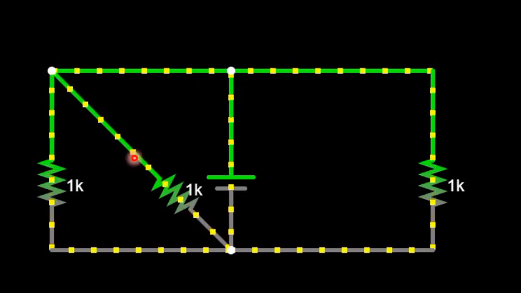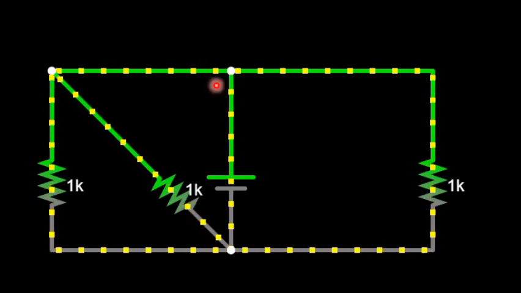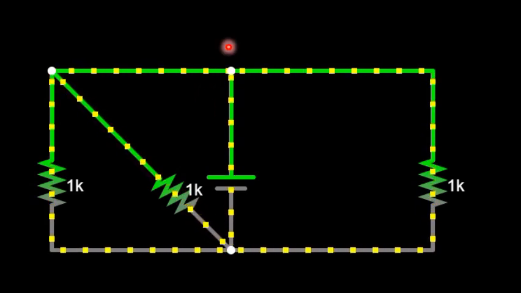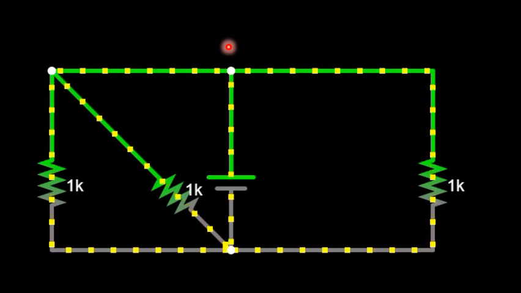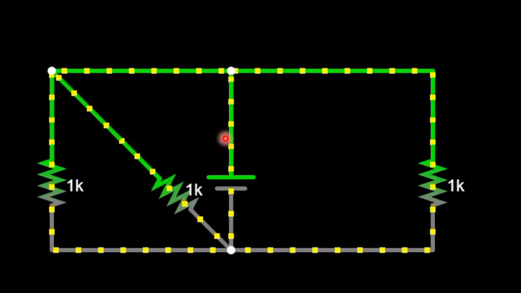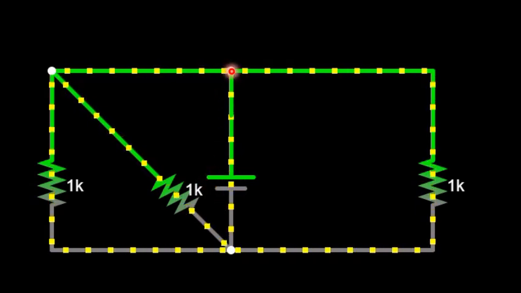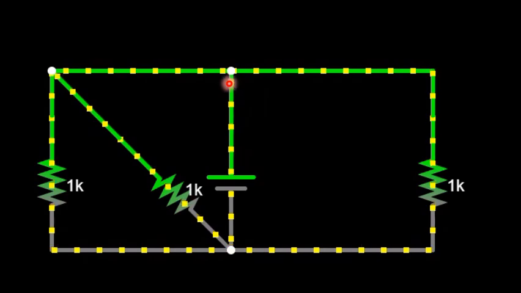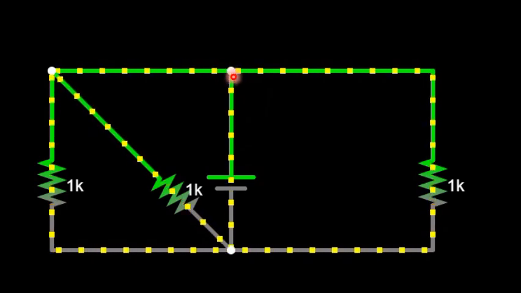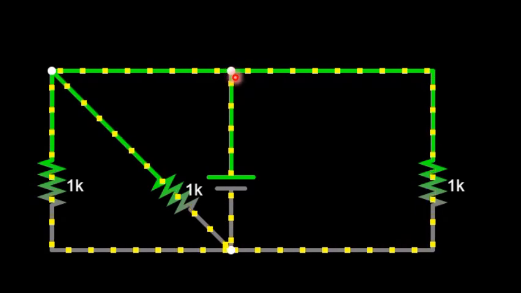One trick I also want to give you guys, to easily detect whether resistors are in parallel or not, is to always ask yourself, whenever there is a current flowing from the source, let's say the current starts from here, when it gets to this node, does it have a choice or does it have no choice? If it has a choice to choose a direction, that tells you that there is some parallel happening somewhere.